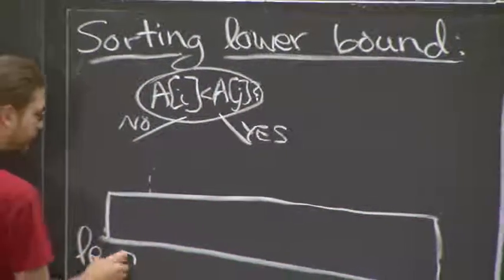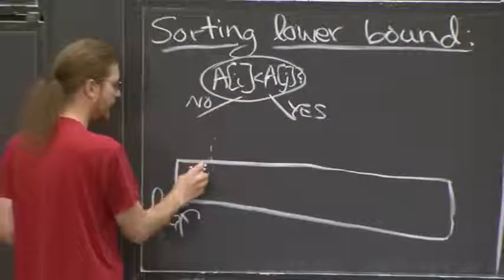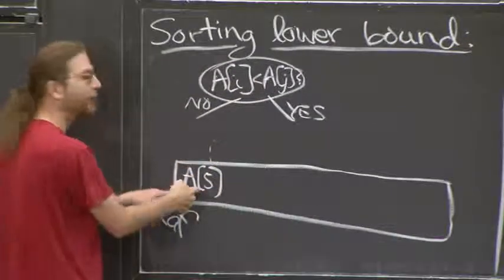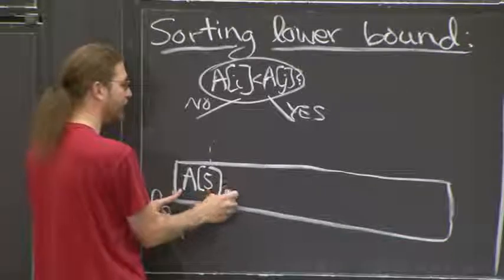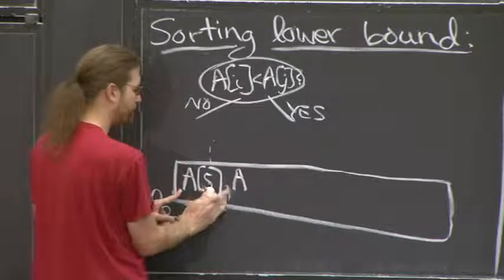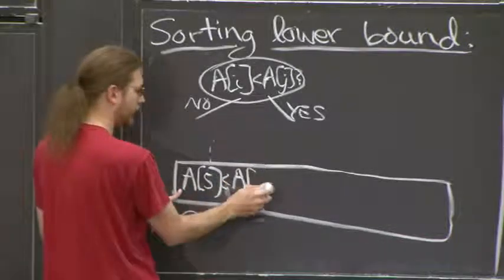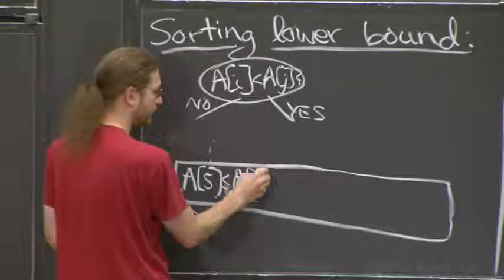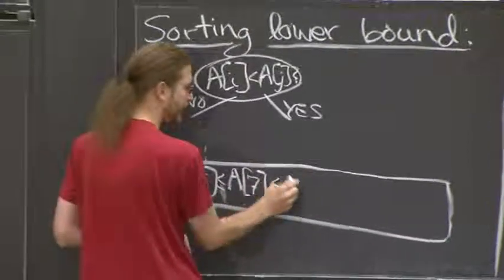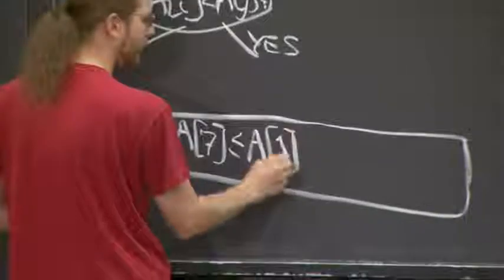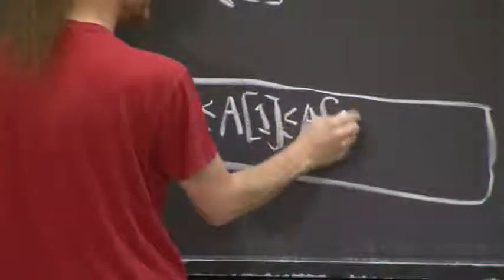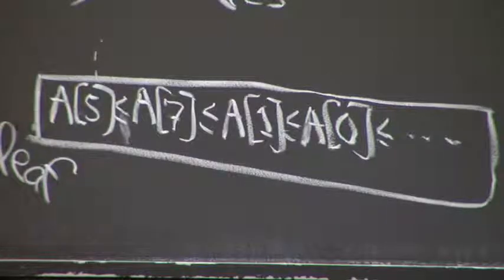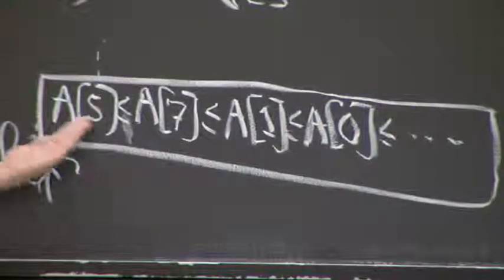A leaf will look like this. I took the original A5, and that turned out to be the smallest element. Then I have A7, the next smallest element. Then A1. Then A0. Whatever. At the end, somehow you know the sorted order, and you can just write it down.